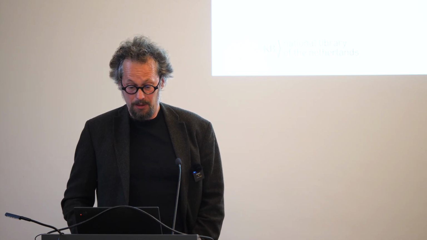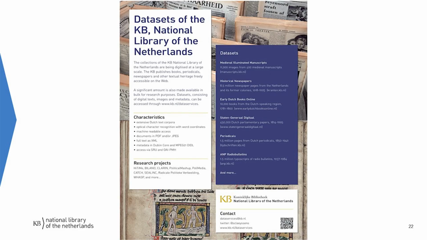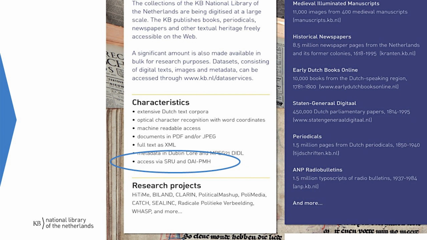So what we did, we really started really simple, almost grassroots, you could say. Had this kind of posters, for instance, about the data set we had at the National Library, to go to conferences. And it's an interesting thing to show you too, that already at that point, we had APIs in place, an OAI API, an SRU API, which meant that starting data services at the KB was really quite simple.